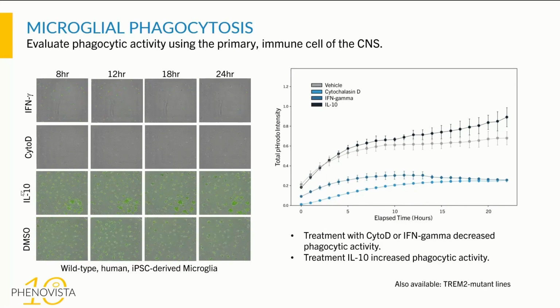So those who are interested in Alzheimer's and understanding the differences in wild type versus mutant microglia derived from Alzheimer's patients. We have a lot of custom projects that have looked at other control compounds as well. A lot of people are interested in how LPS affects this activity. And this is just a starting point for a lot of things that you can take into with our custom work, which I'll get into next.